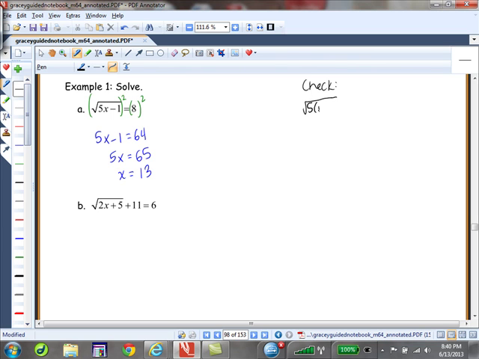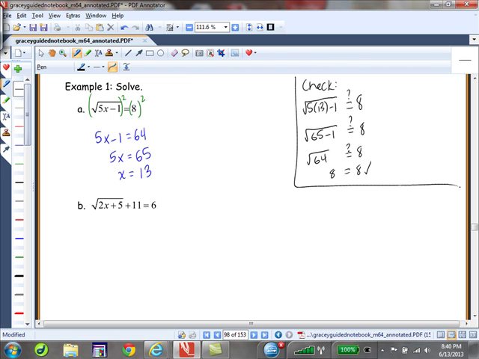Is the square root of 5 times 13 minus 1 equal to 8? 5 times 13 is 65, minus 1 is 64. Is the square root of 64 equal to 8? 8 equals 8, so it checks out. We now present our solution in roster notation as 13.